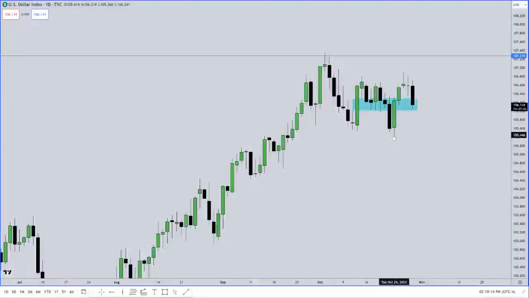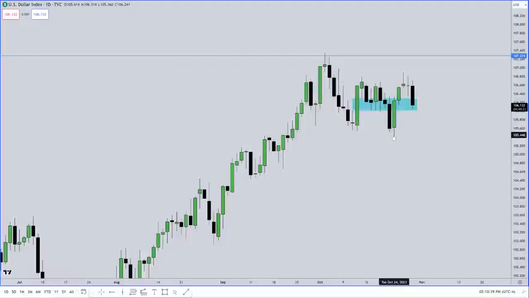Your crosses like euro pound, yen, pound yen, Aussie New Zealand, all those exotics, will have extrapolated price moves if the dollar stays in this consolidation on the daily chart. So none of you should be looking at dollar-based currencies if you're a forex trader right now. You should be looking at the exotics, anything that's not with a dollar in its name.